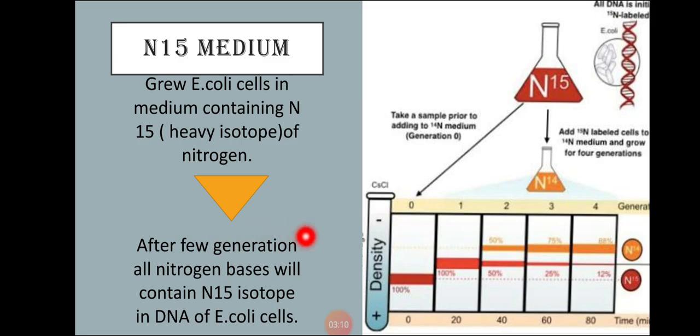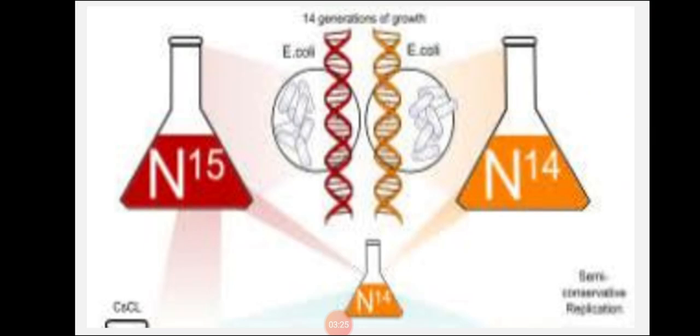After a few generations, all nitrogen bases contain the same N15 isotope in the DNA of the E. coli cells. Then after some time, this E. coli bacteria from the N15 medium was transferred to N14 medium. And what was seen there?